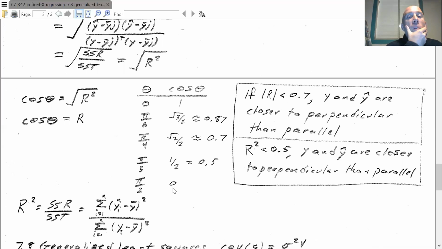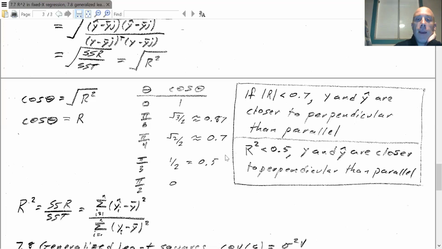Okay, well, let's think about something. If I have a correlation less than 0.7, think about the angle. If I'm talking about correlation of 0.7, then approximately the angle between the vectors is 45 degrees.